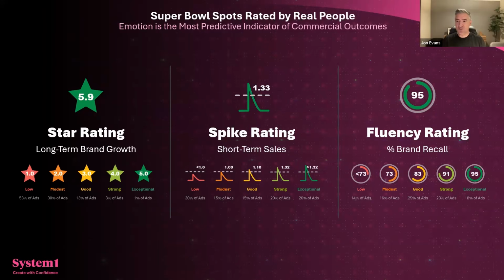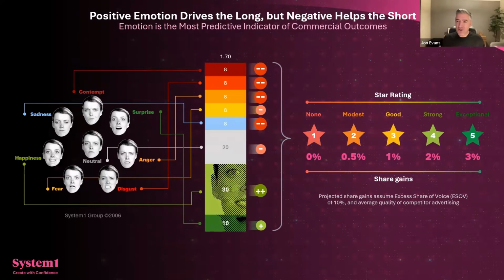All right, how do we do it? I know you're wondering, how on earth is this magic done? Well, big kudos and credit to my colleague, the Grand Fromage himself, Mr. Orlando Wood. He invented this analysis. He looked at successful advertising over a long period of time and worked out what drove market share for the brands that advertised. He worked out that certain emotion is positively correlated and certain emotion is negatively correlated.